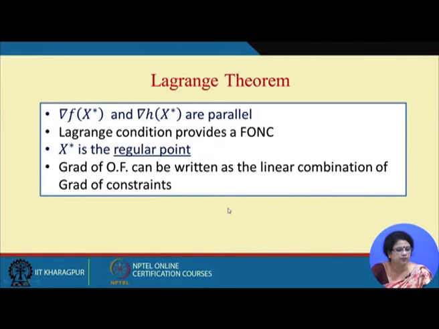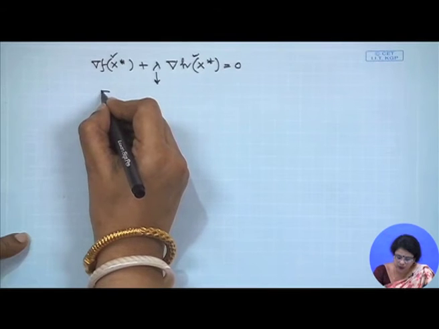Now, as I said, the gradient of the objective function is parallel to the gradient of the constraint. But if we have more than one constraint, then what do we do?